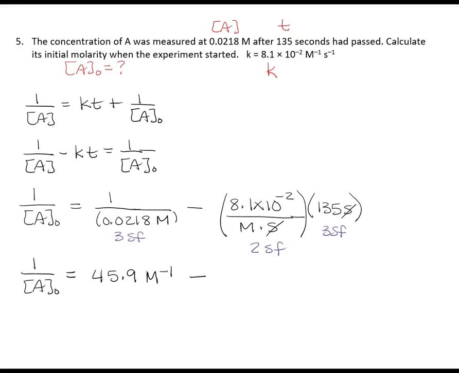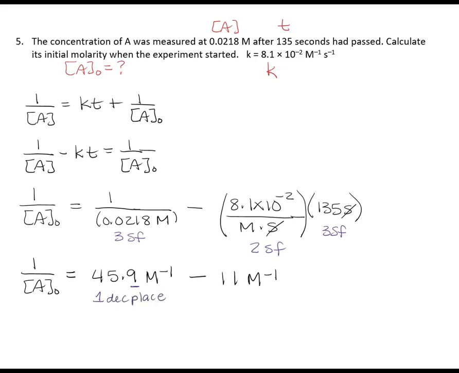minus 8.1 times 10 to the negative 2 times 135. This one only needs to be at 2 sig figs. That would be 11 inverse molar. And now when I look at the decimal places, I have 1 decimal place.